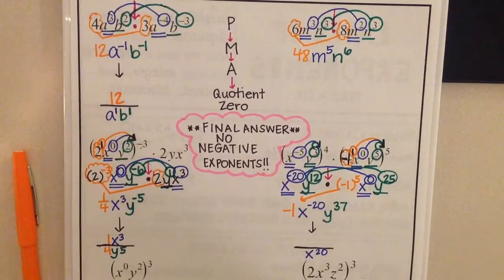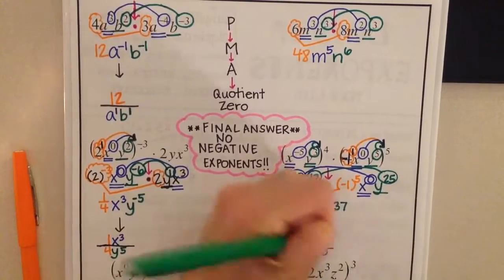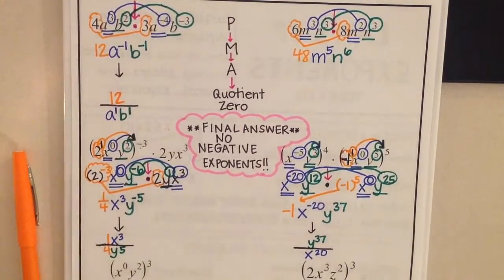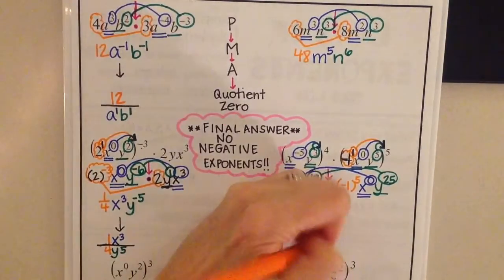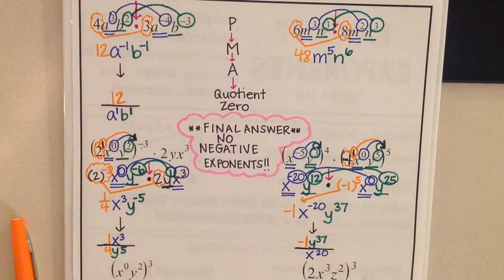Okay, y to the 37th is going to become part of the numerator because its exponent is positive. So we're not going to be dividing by y to the 37th power. So it becomes part of the numerator. And now the -1, it also becomes part of the numerator. Now some of you are going to be like, but Miss Love, it's negative. The number base can be negative and still end up in the numerator.